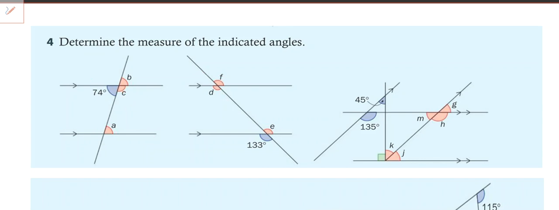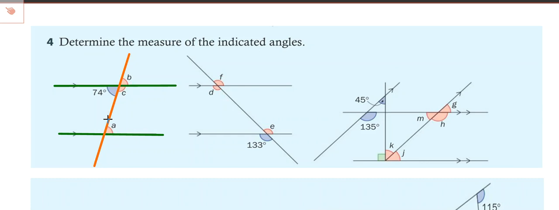With these ones, I can see that I have parallel lines. So I'm going to identify the parallel lines. And then I've got a line that goes across them. What is that line called? If these are two parallel lines, this line has a name. It's the transversal.